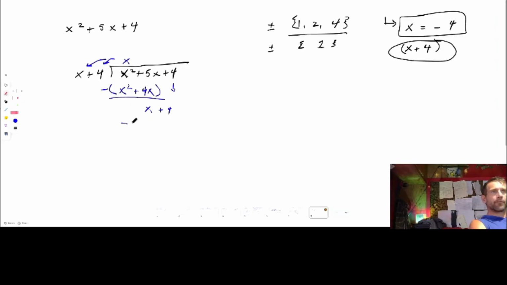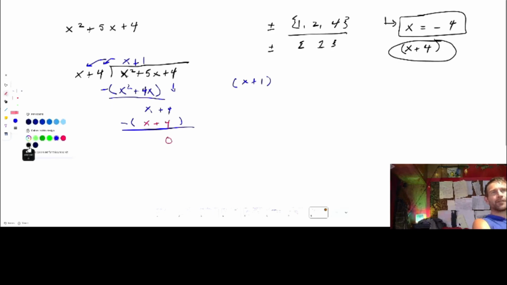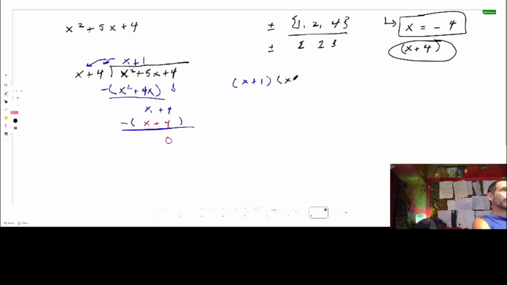It's going to be x. And then after that, 1 times 4 is 4. Done. So you get 0. So then your factor is x plus 1 times x plus 4. Good job, man.